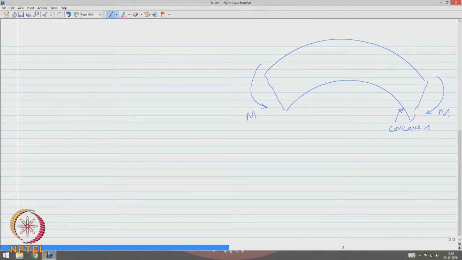If you look at a curved beam with large initial curvature, subjected to moment m, we call this surface the concave side and this surface the convex side.